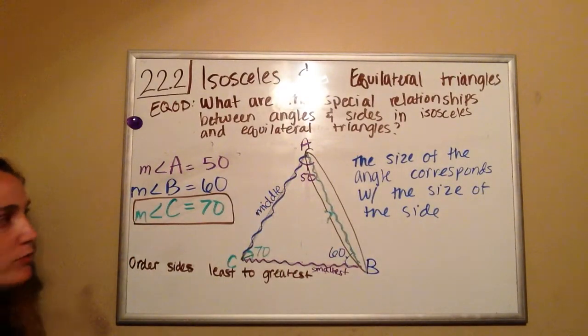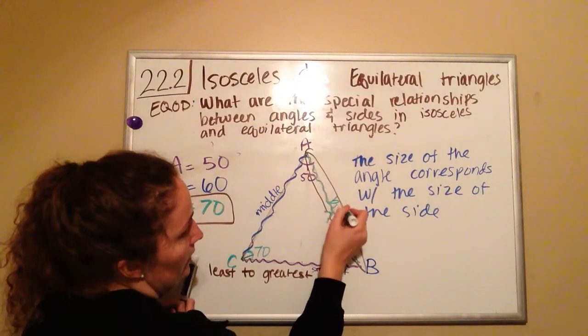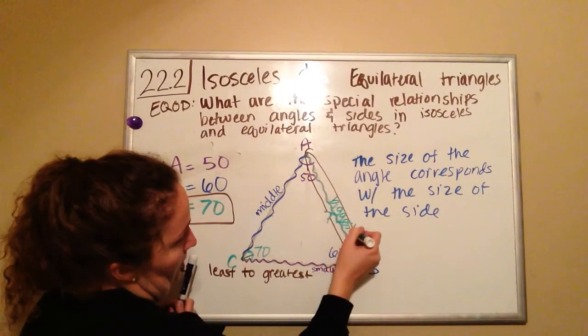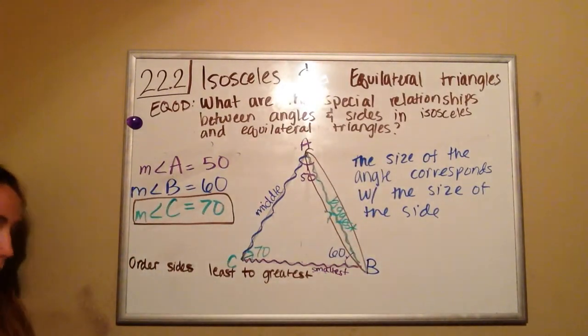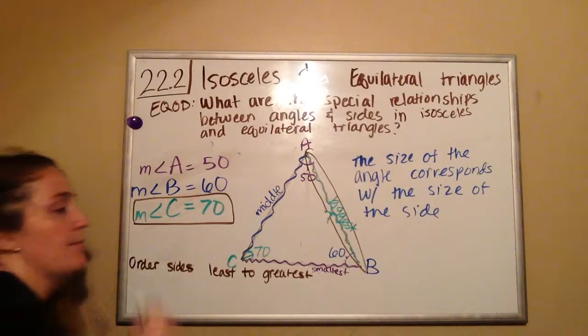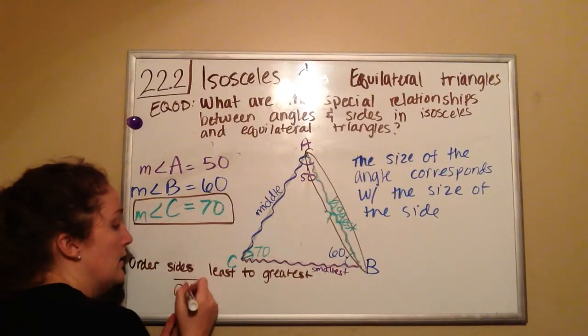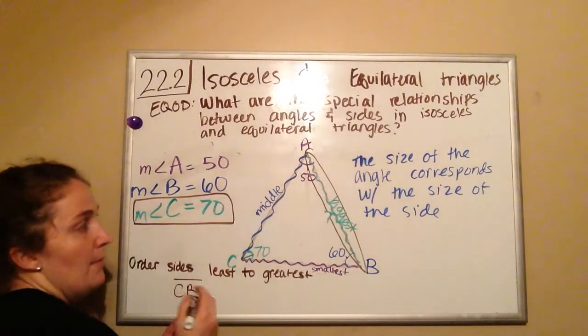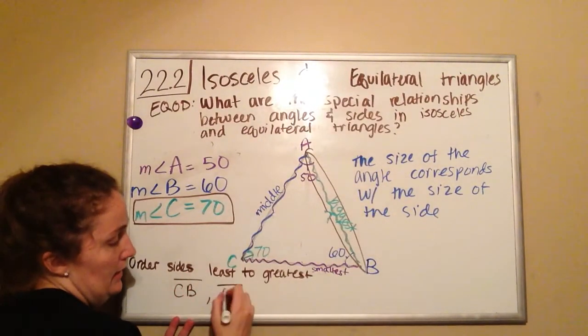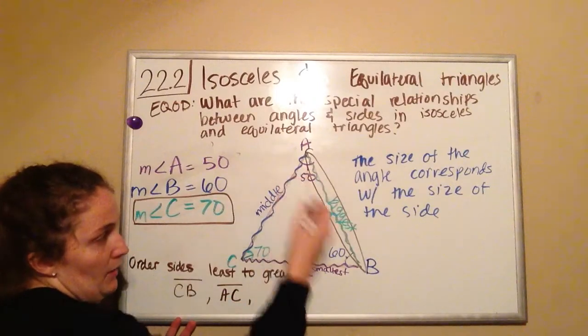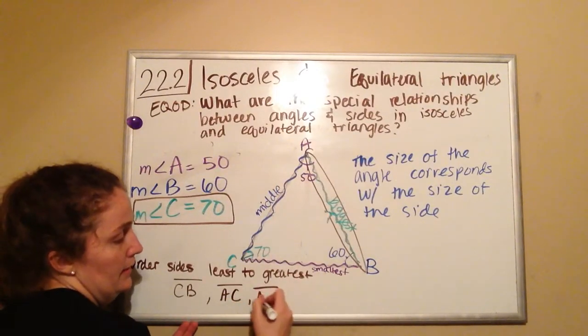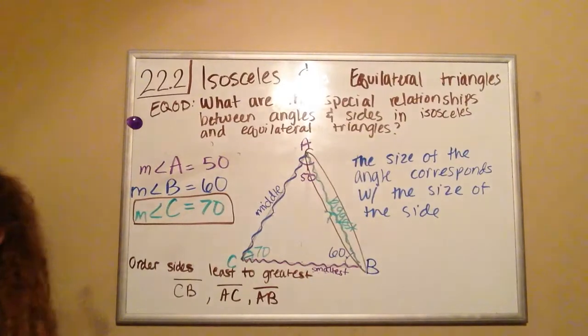And then my biggest side is over here across from my 70. So if I were to order them least to greatest, I'm going to say my smallest side is CB, my medium side is AC, and my biggest side is AB. Okay?